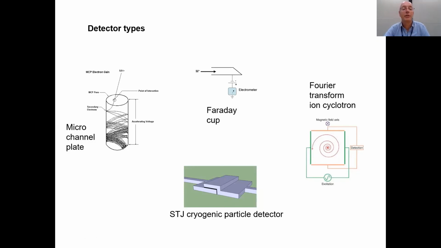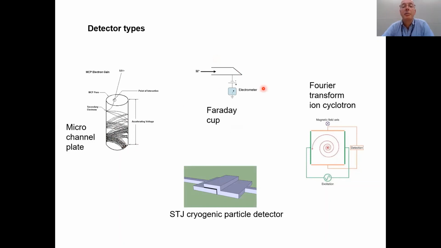And those secondary electrons in turn will generate more, and you can see that you're generating an electron cascade. So that finally, at the end of this process, you'll generate sufficient electrons to generate a current, and that current can be measured.